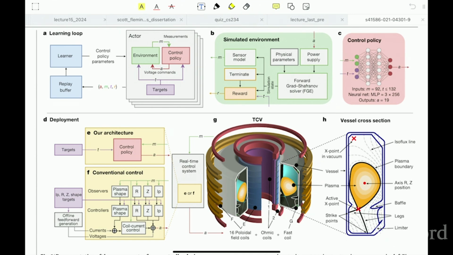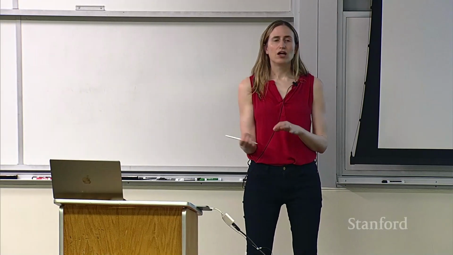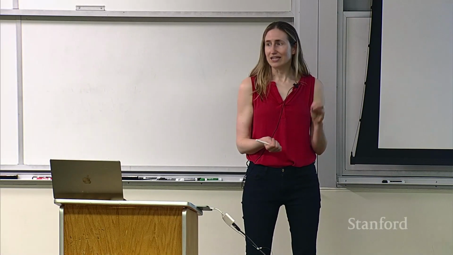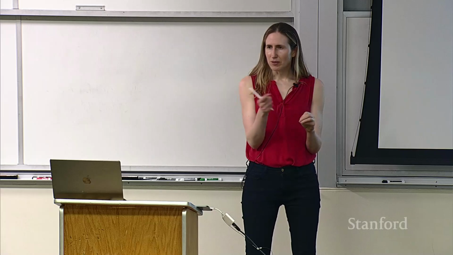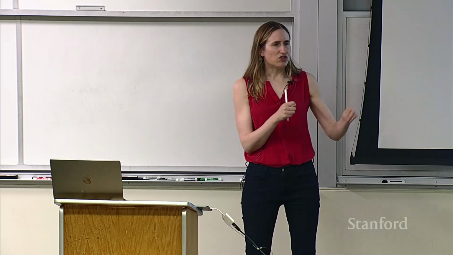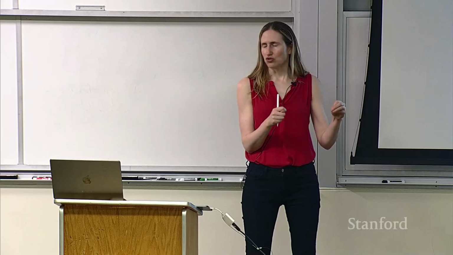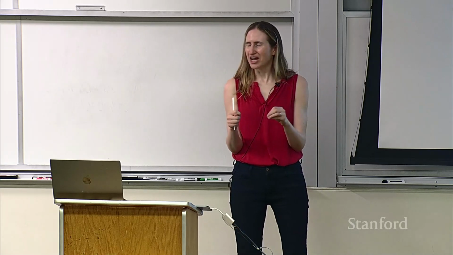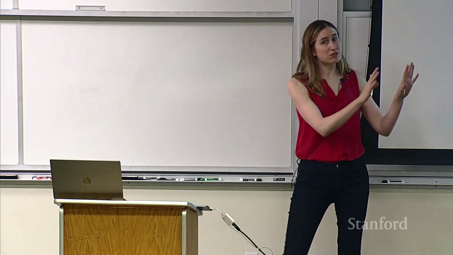One of the things that I thought was interesting is they said, in our simulating period, we can do whatever we want, and we can have a really complicated critic. When we are deploying this, it has to be real time. Some other people brought this up when we were chatting about it. This is like self-driving cars, where you have to have really fast controllers. You can't do Monte Carlo tree search and wait to decide, because the plasma is going to do something.